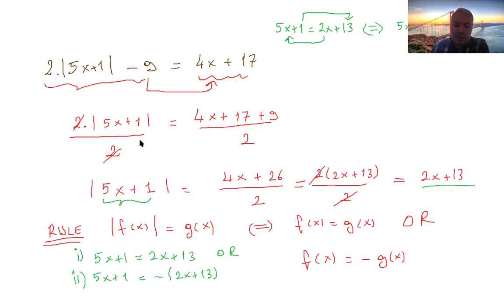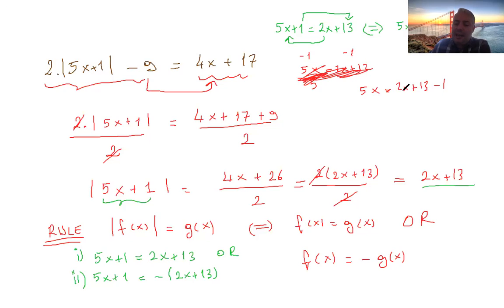What did I do here? All of you know, but let me write it. I did minus 1 on both sides, so 5x is equal to 2x plus 12. Actually, one minute, I just did negative 1, so it will be 5x is equal to 2x plus 13 minus 1.